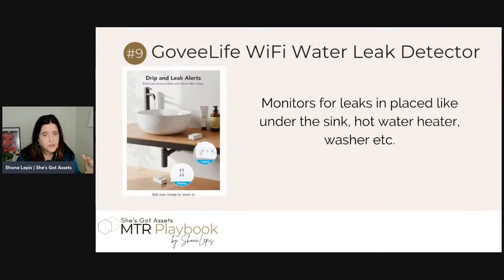And this is kind of a newer thing. I think one of the worst things that can happen to a property is a leak that goes undetected. It can do so much damage. We all know that, right? So these are Wi-Fi water leak detectors. You can put them under your sinks, by your washing machine, by your hot water heater, and they will alert you if there's a leak, which is really awesome because water can do a lot of damage, right?